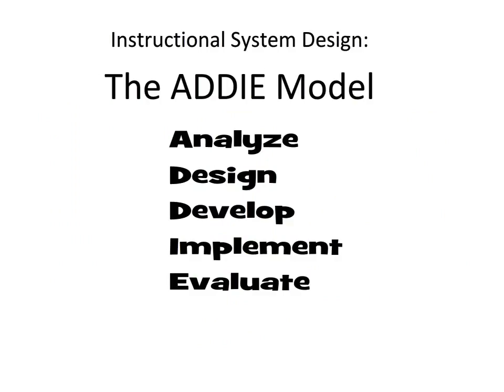The ADDIE instructional design model is a generic, adaptable process traditionally used by instructional designers, those who inform them, and those who develop and implement training. The ADDIE model is at the very core of instructional design. Each step depends on the success of the previous step, but all steps are iterative and may be rerun as necessary.